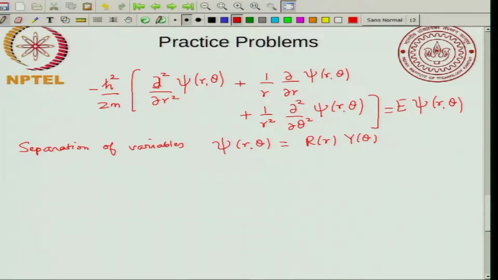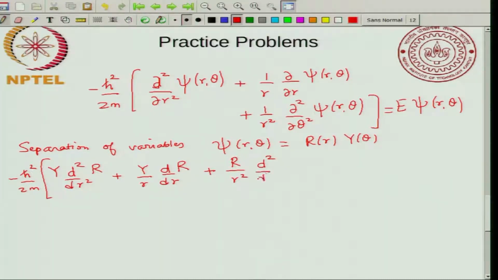Now, when I substitute in this, what I will get is minus h bar square by 2m times d square R by d r square with the Y outside, plus Y by r dR by dr, plus R by r square d square Y by d theta square.